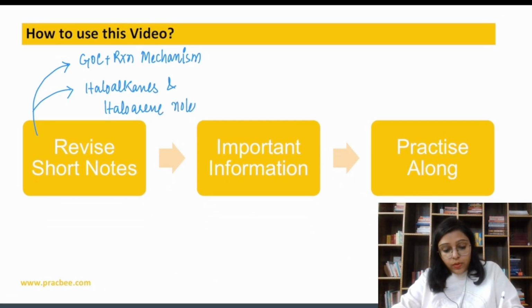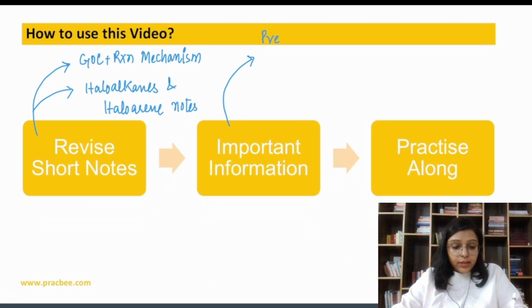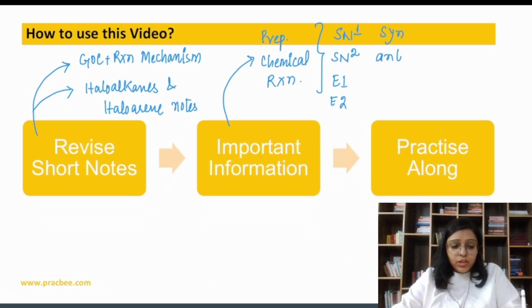Now, important information: you have to write down the preparation reactions, you have to write down the chemical reactions. But when you write chemical reaction preparations and all, you should know what kind of addition or what kind of substitution is there. Do we have SN1 substitution, do we have SN2 substitution in this reaction? Do we have E1 elimination, E2 elimination? Do we have syn addition, anti addition?